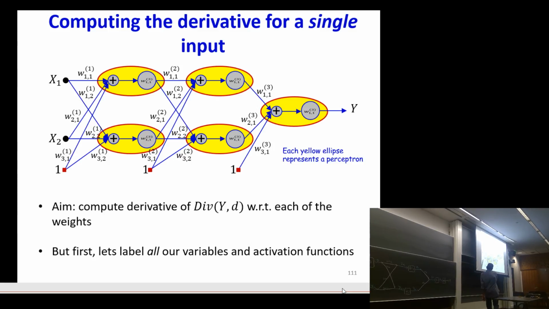So these are the weights, these are the affine combinations. The z's represent the affine combinations of the inputs to any perceptron. The y's are what you get after the affine combination, which is z, has been processed using the activation. We're distinguishing between the two.